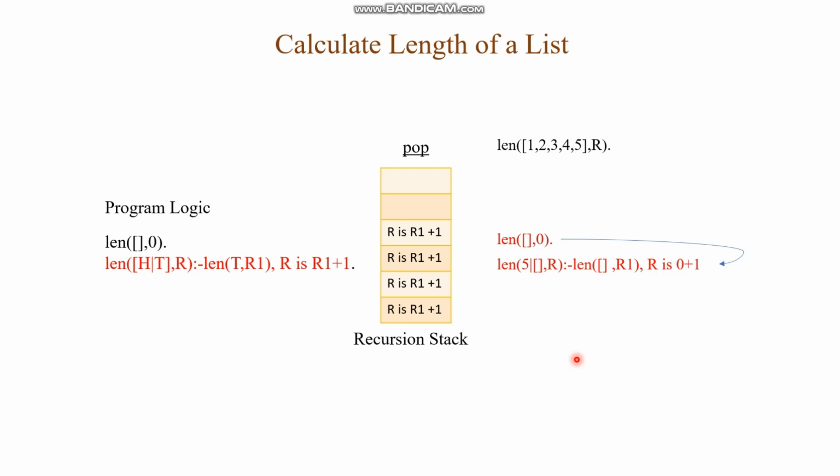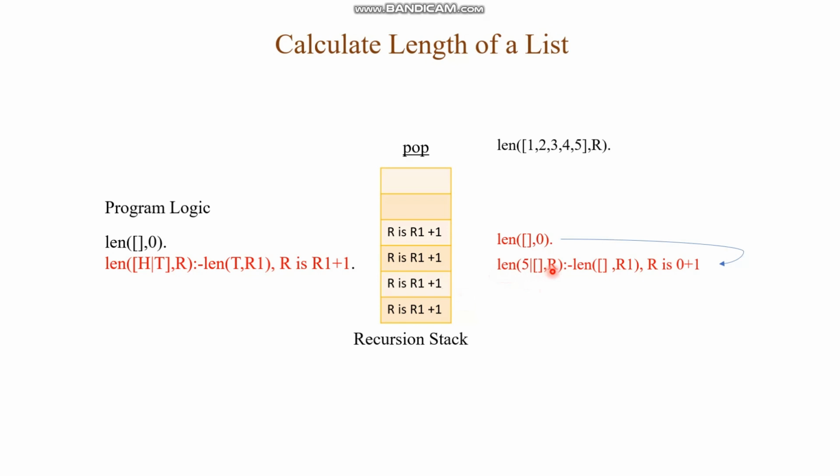Now the program is not complete yet, because the original content of the list is 1, 2, 3, 4, 5. Currently here we have only one element in the list, that is 5. So where about the rest of the elements? Since there are a lot of elements already present in the stack, as you can see over here, the system goes on.